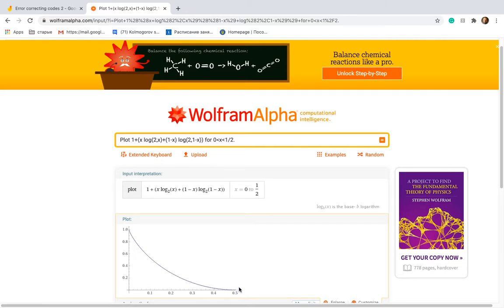This axis is d over n, so we see that if d over n is something like 1/5, then the maximal rate is something like 0.23, and if the relative distance is 0.1, then the rate becomes like that. It is about 1/2.